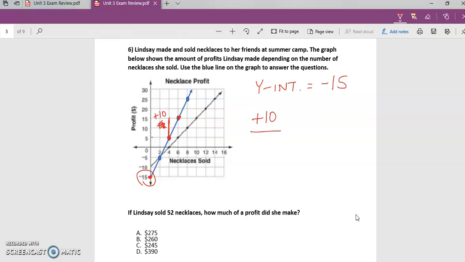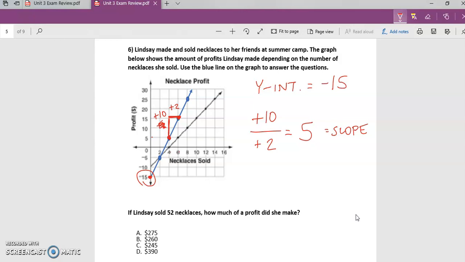Now my change in x, I'm going just one square, but I can't just say +1 because I'm going from 4 all the way to 6. So from 4 to 6 is actually +2. So now my change in y is 10, my change in x is 2. 10 divided by 2 equals 5. So my slope is equal to +5.